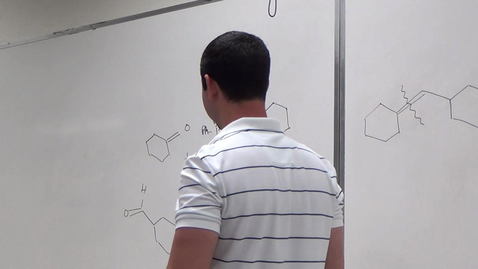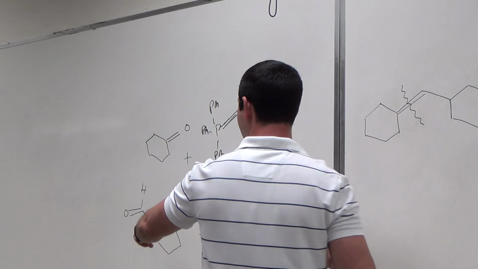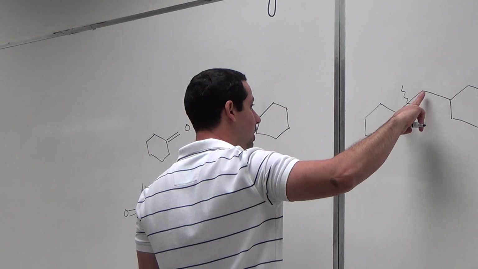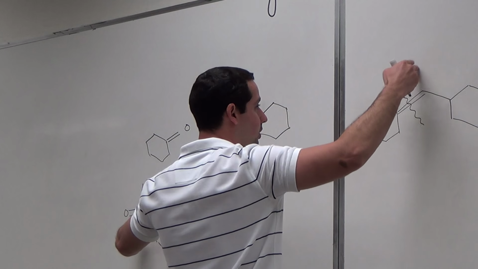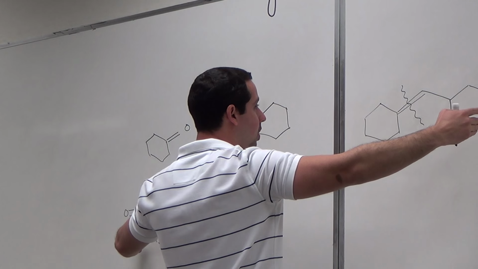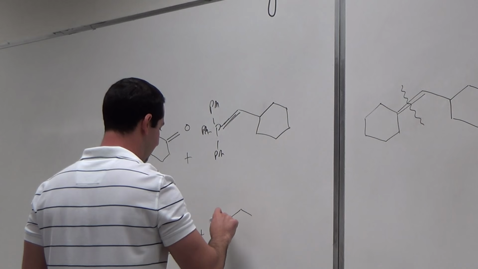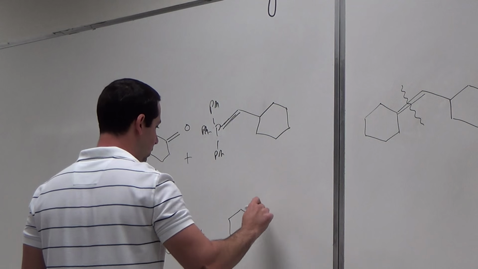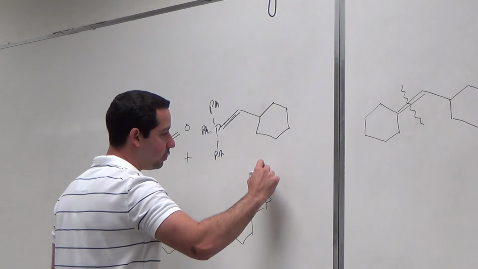Same. So I put the double bond here in this case, and now I make this side here the carbonyl. So I'm going to redraw this double bond again. You see it? And at the end, I'm going to put phosphorus.